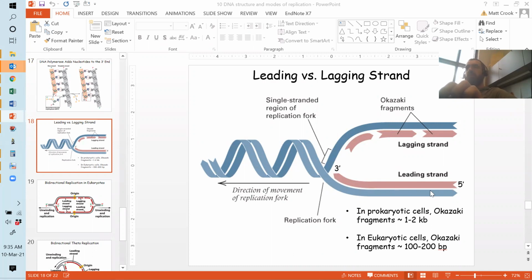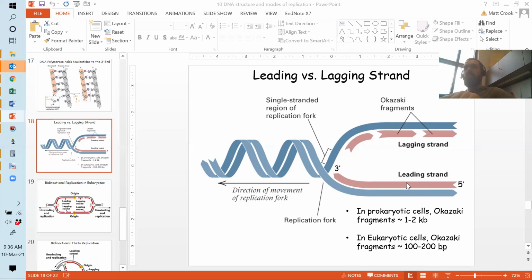And so we have one DNA strand, which goes 5' on the left to 3' on the right. Because it's anti-parallel, the new strand is going to be synthesized in the opposite direction. That direction happens to be towards the direction of the replication fork movement.